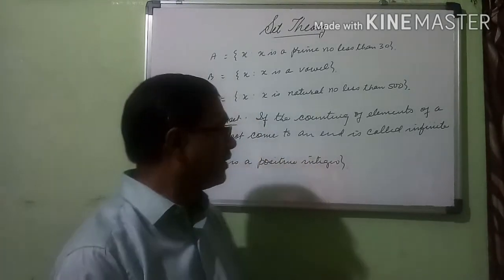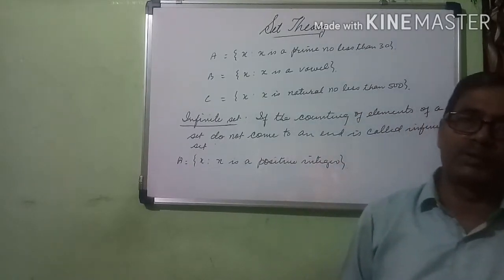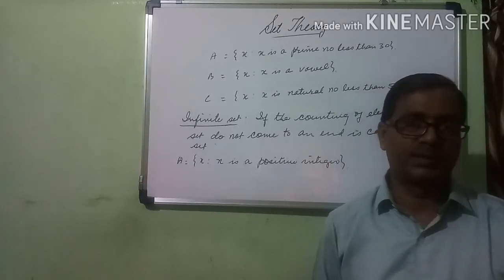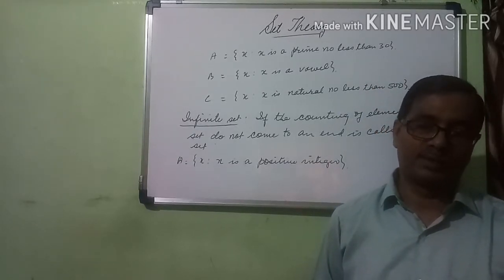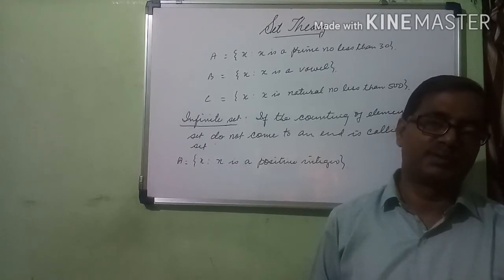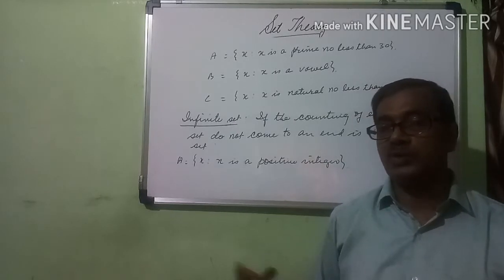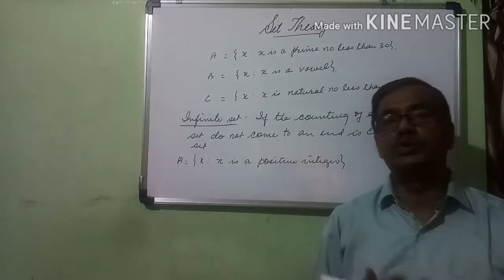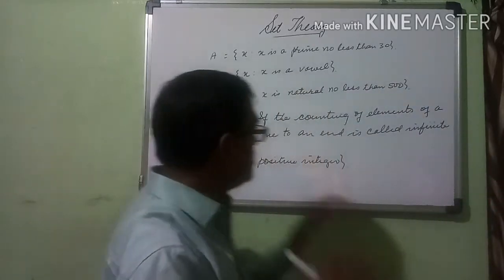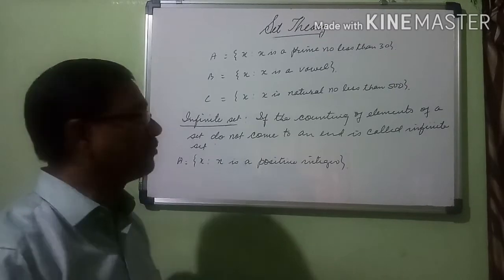So there are some vague statements where we have to be very careful in deciding whether it is finite or infinite. Stars in the sky, is it possible? If you take them specifically you can, but if you take them as a whole, you cannot. Now, these are all the primary definitions of sets.